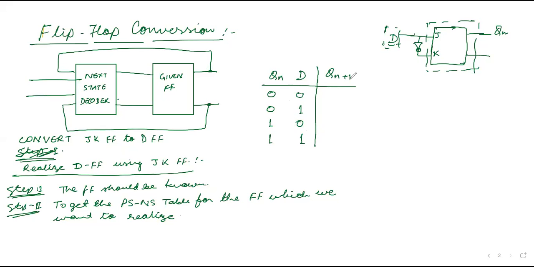So here in this case, what should be the output? Please tell me, anybody. For the combination of 0 and this delay input D, what should be the next state? So in delay flip-flop, I already told you, the truth table of delay flip-flop is what?